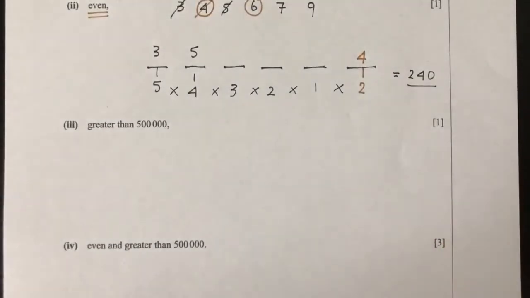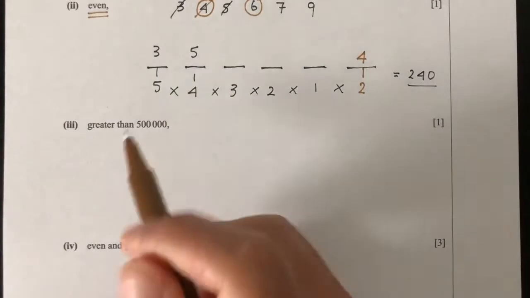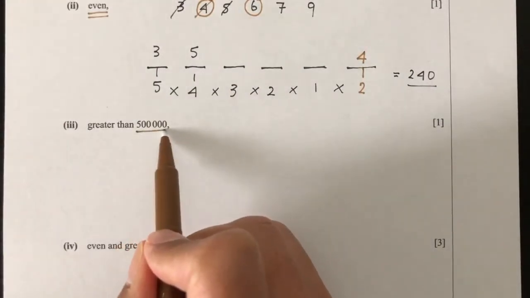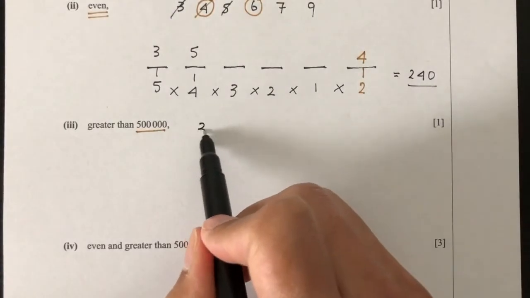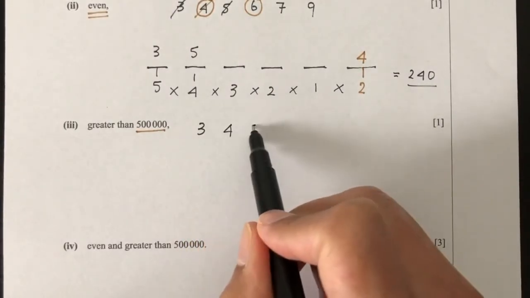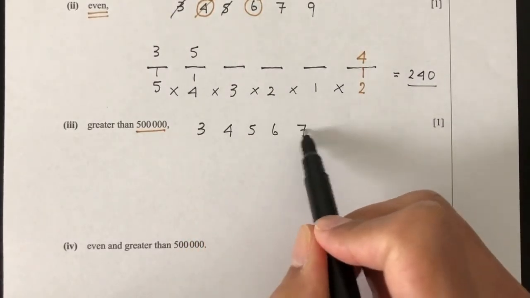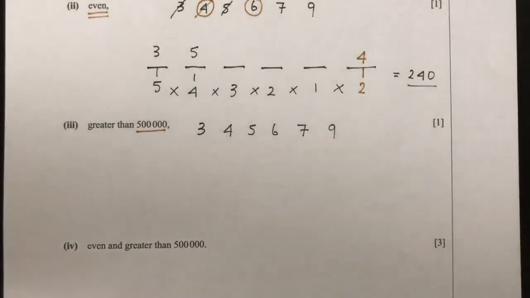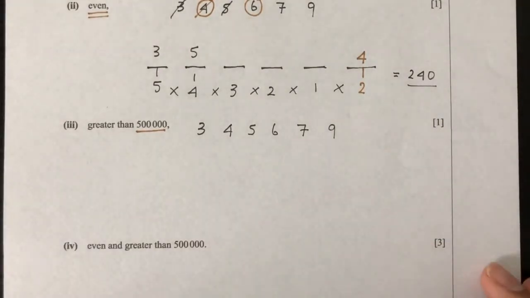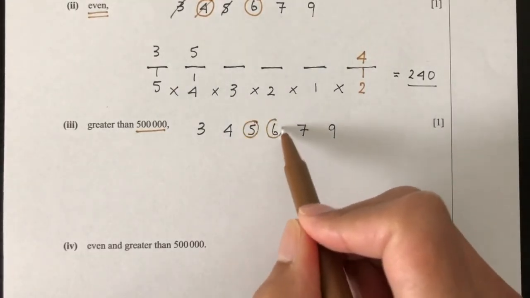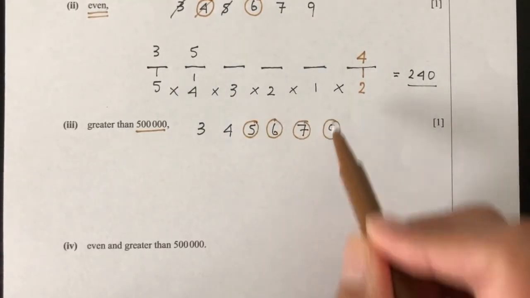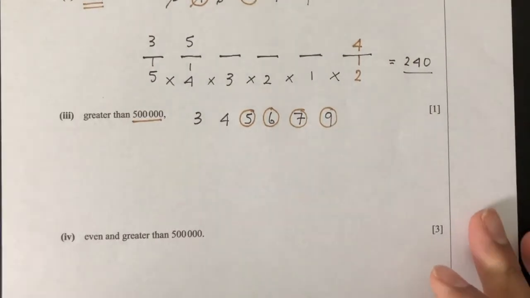Now for part 3, here we have the condition of being bigger than 500,000. Again, same steps. Look at the numbers that we have: 3, 4, 5, 6, 7, 9. Now for it to be bigger than 500,000, we have to begin with 5, 6, 7, or 9. That is the 4 options available.